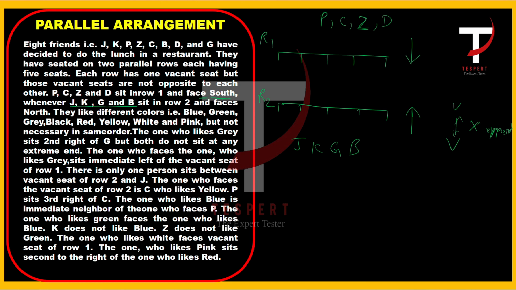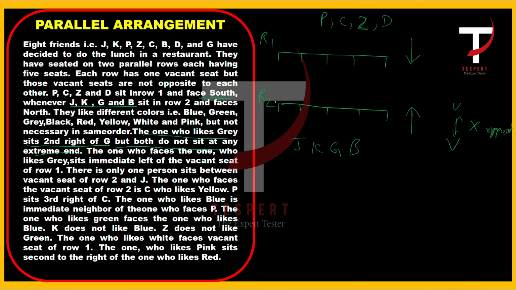They like different colors: blue, green, gray, black, red, yellow, white and pink, but not necessarily in the same order. Consider this: the one who likes gray sits second right of G, but both do not sit at the extreme end. So neither G nor the one who likes gray is at the extreme end. So they shouldn't be either here or here.